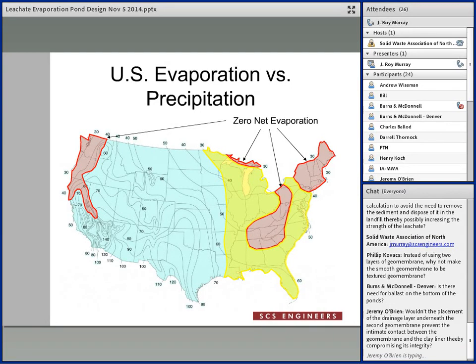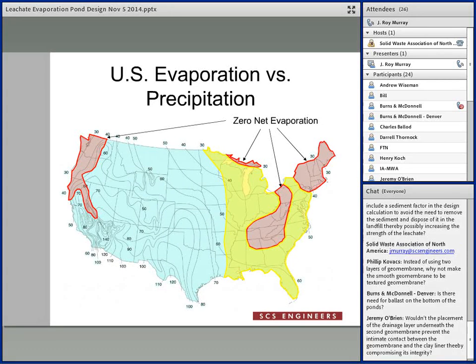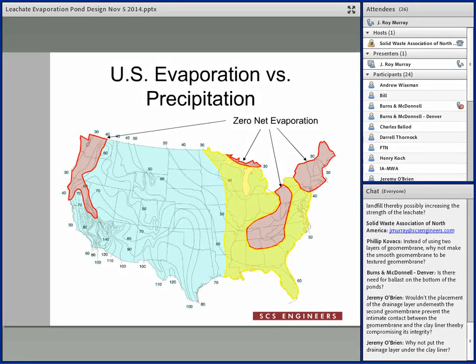The issue becomes where do you put the leak detection layer? In this case, it was primarily driven by a regulatory condition. The regulator basically required us to have the leak detection above the clay liner.